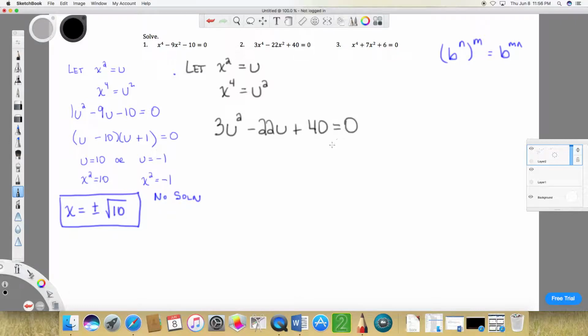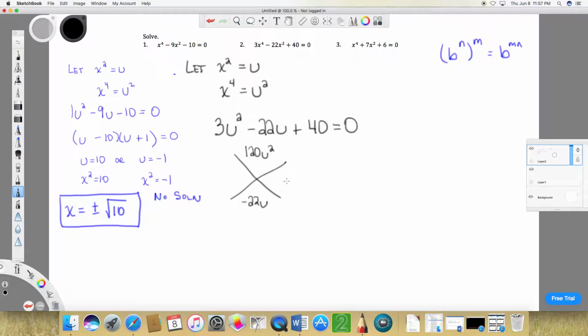Now this one, I don't know if it can be factored or not, but I'm going to try. Since the leading coefficient is different than 1, I'm going to use the x method to do it. At the bottom of the x is our middle term, and at the top of the x is the first term times the last term. And now the trial and error portion begins.